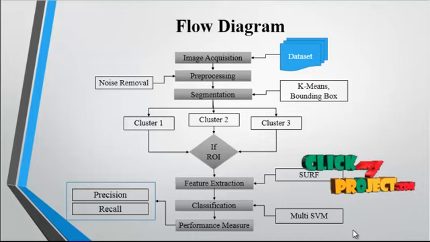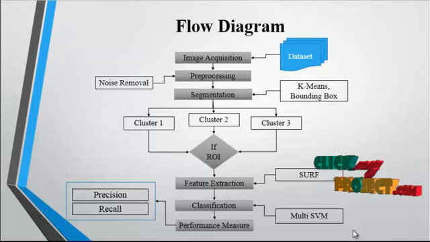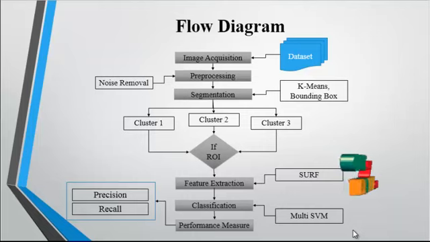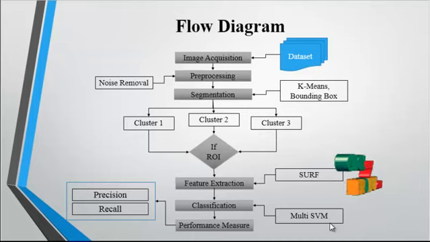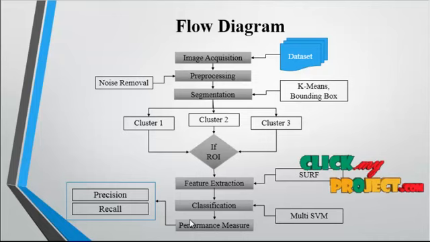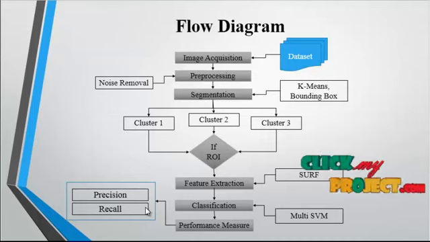Test feature represents the feature of the input image, train feature represents the features of all dataset images, and the target represents the type of the fishes. SVM is abbreviated as support vector machine. After the classification, the performance is evaluated based on precision and recall. By using precision and recall, we can justify that our process is efficient.